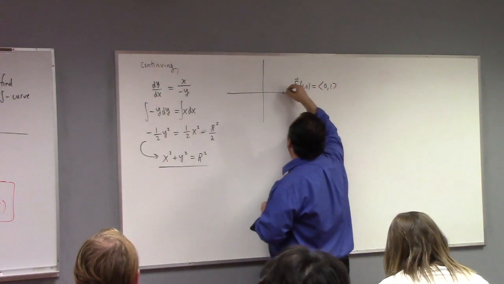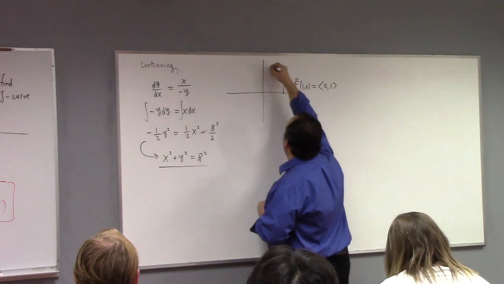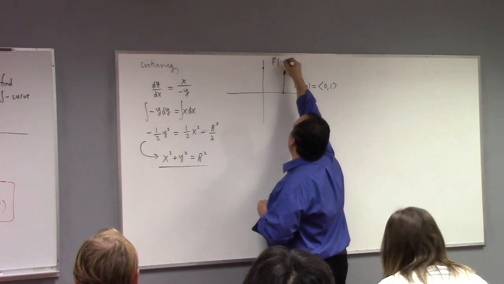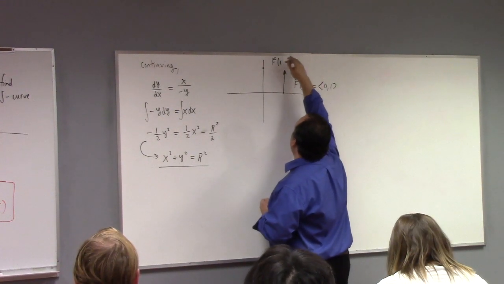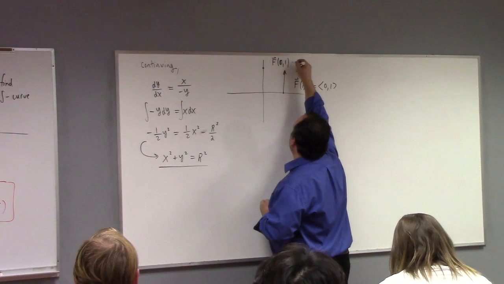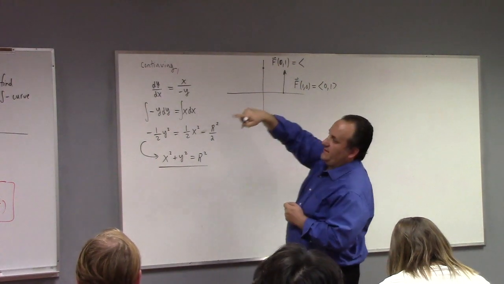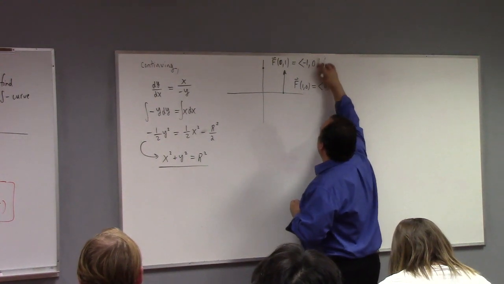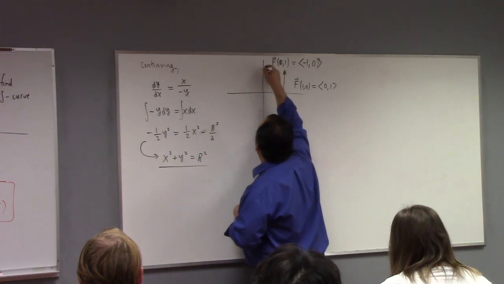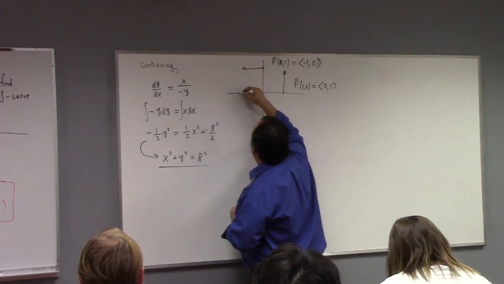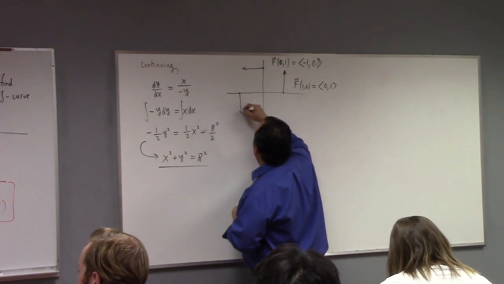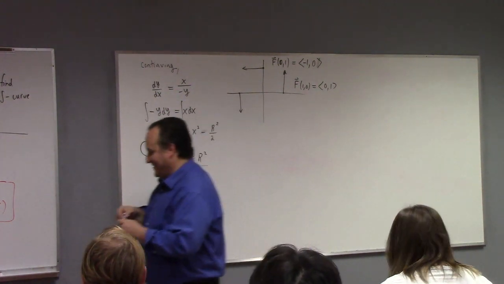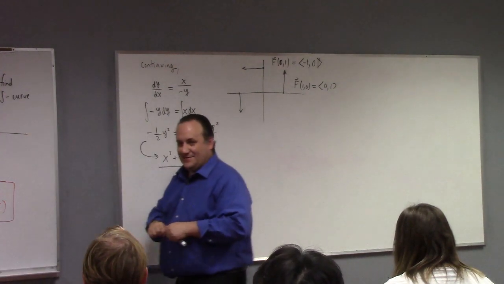So that points like this. How about over here? What's f of 0, 1? We plug in 0, 1 into the formula minus y, x, and we get minus 1, 0, right? So it goes like this. And then this one will go like this. And I think I better stop. I don't want to get demonetized, you know.